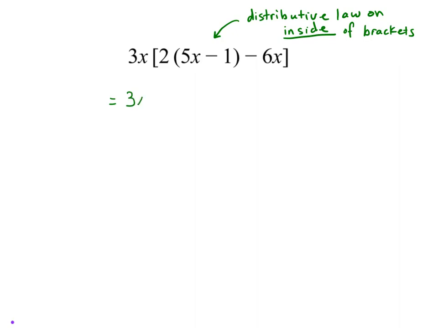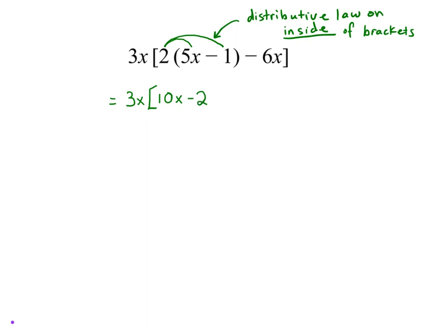So you're going to leave the 3x there, and on the inside, the 2 will get multiplied with the 5x. So 2 times 5 is 10, and there's no x on the 2, so you just have an x. And when you multiply the second, 2 times negative 1 is negative 2.